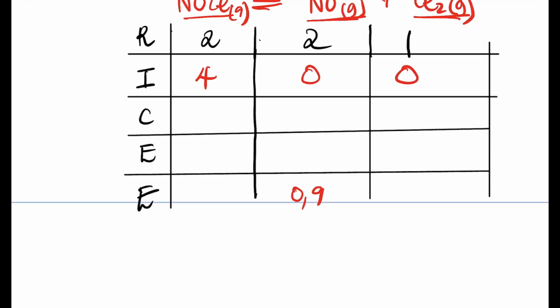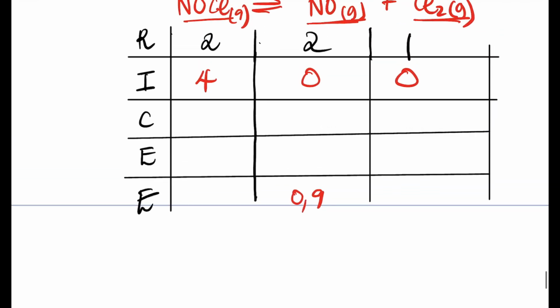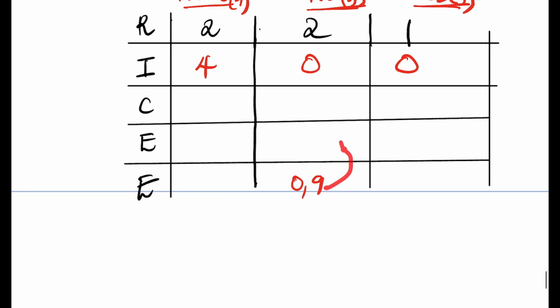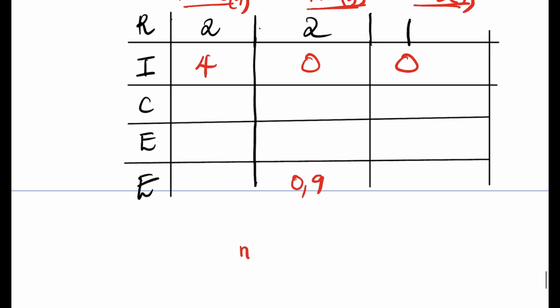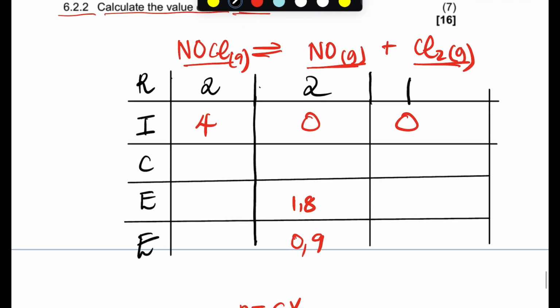So now, how do we fill the other parts of the table? This is the concentration, so we have to change this concentration into number of moles. We use the formula that says number of moles is equal to CV, and we take the concentration, which is 0.9, and times it by 2, which is going to be 1.8, and we put the 1.8 there, right? So in this table we can use another trick to get these values.